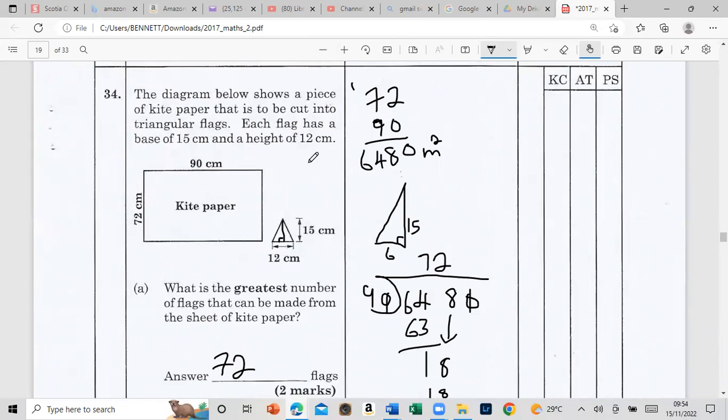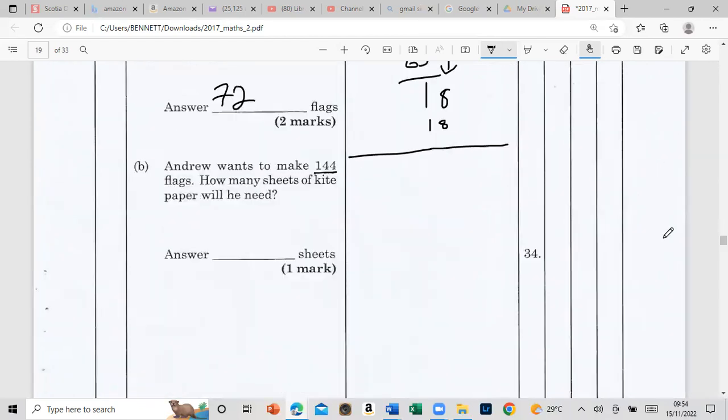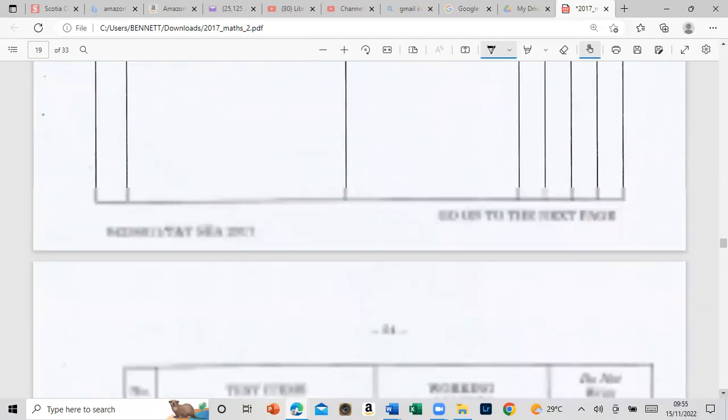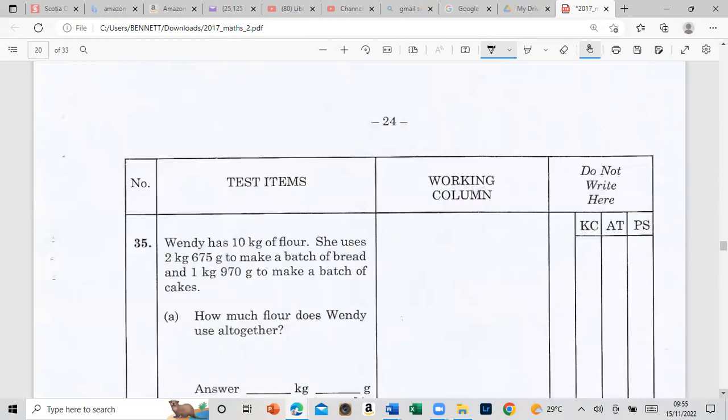Yeah. So you just need two of this. Since this is going to make 72, I want to make 144, we just need two of the sheet. Two twos are 4, two sevens are 14. So you just need two of the sheets. And that's it. Very nice question, Trinidad. Big up myself for that.